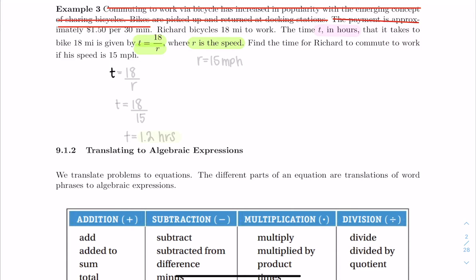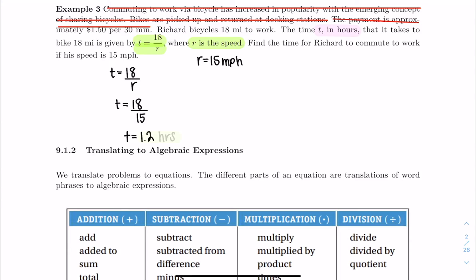So using our formula, T equals 18 over R, we know that R, which is the speed, is 15 miles per hour. And so we get T equals 18 over 15, which ends up giving me 1.2.